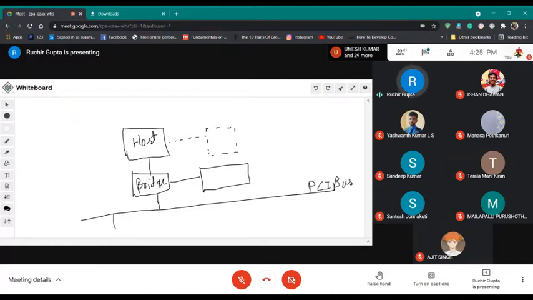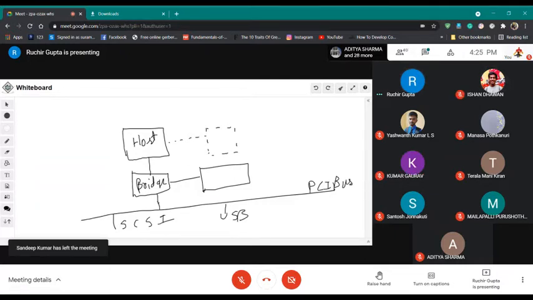And then there will be multiple SCSI, USB, and whatnot. So all of these things will be connected to this place, right? Yes, sir. So there are these two ways to be connected.